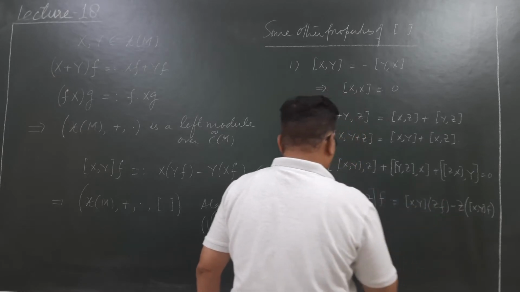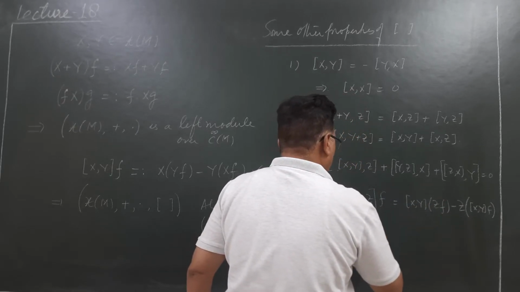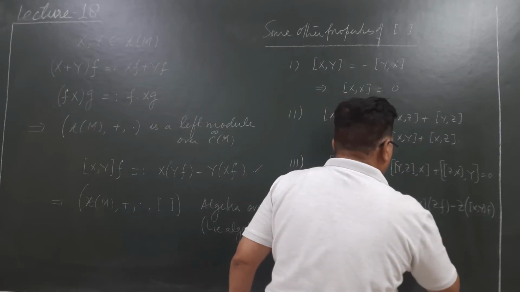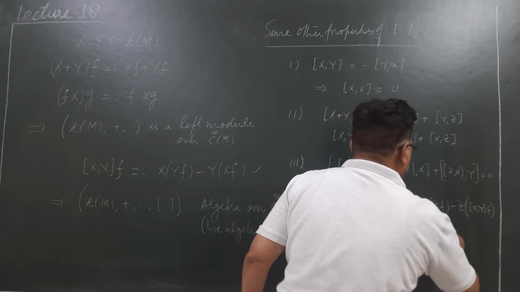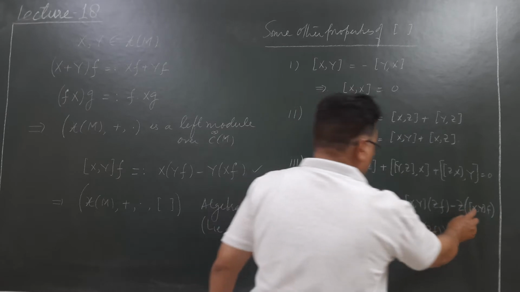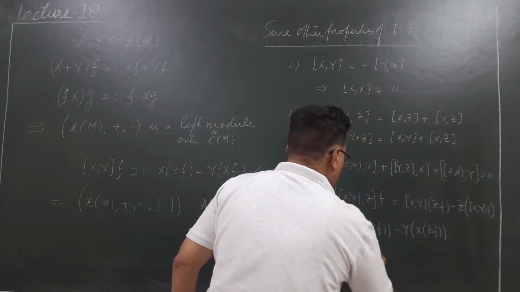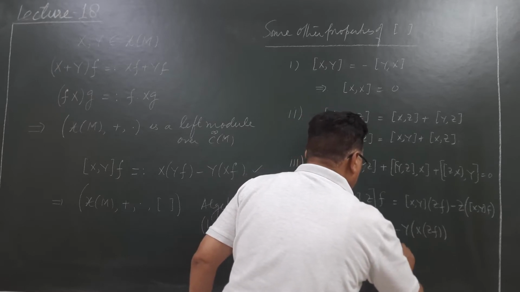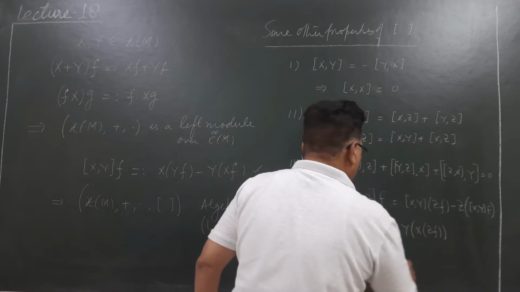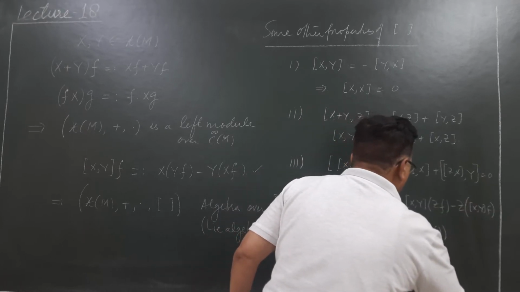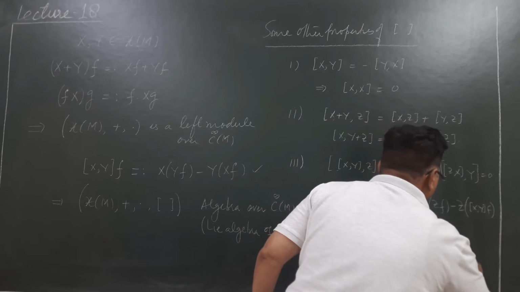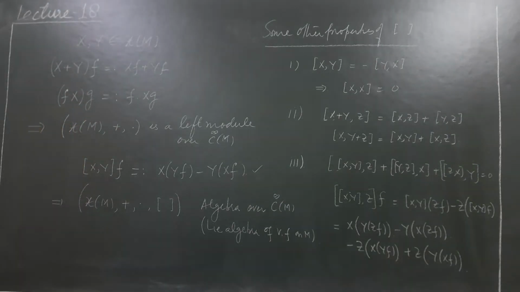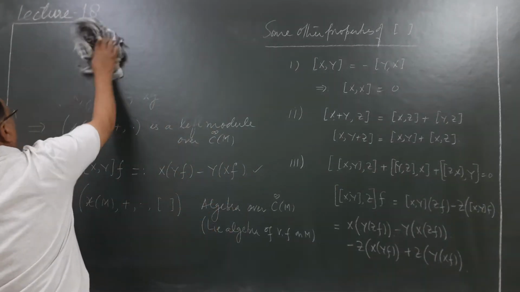So [X,Y] operating on g, that is [X,Y] operating on Zf, which is X operating on Y operating on Zf minus Y operating on X operating on Zf. Similarly over here, minus Z operating on XYf, then minus minus will become plus, Z operating on Y operating on Xf. This is the first term. Now the second and the third term you can write without actual computation.